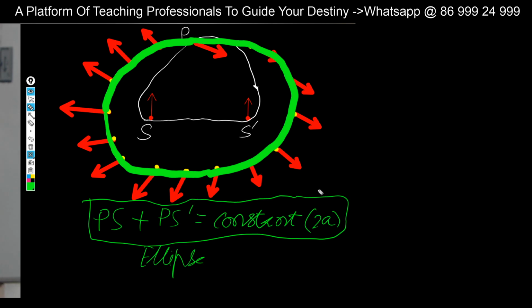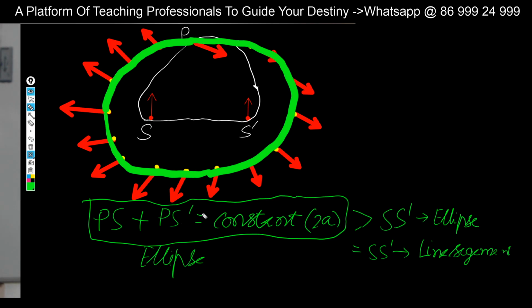So you may be thinking, sir, is it always like that? No. If 2a is greater than SS dash, then it is an ellipse. If 2a is equal to SS dash, it is a line segment. Understand why it becomes a line segment?